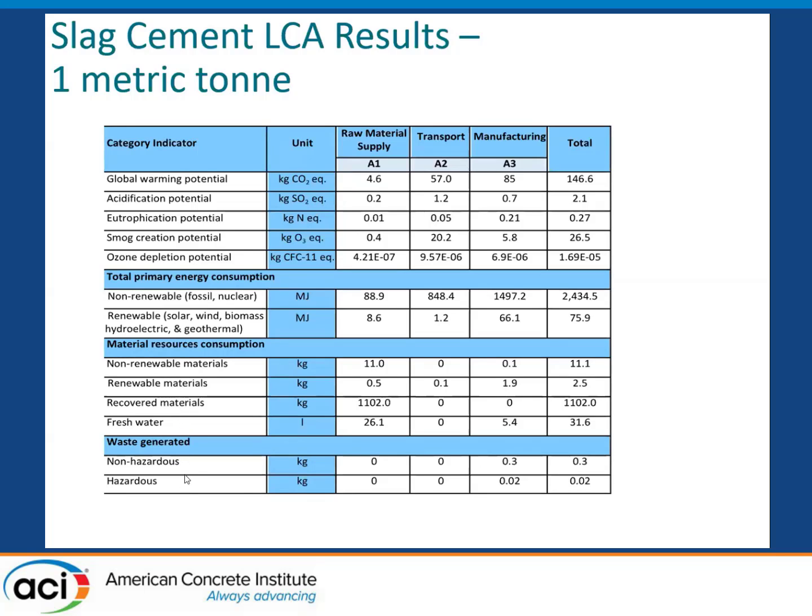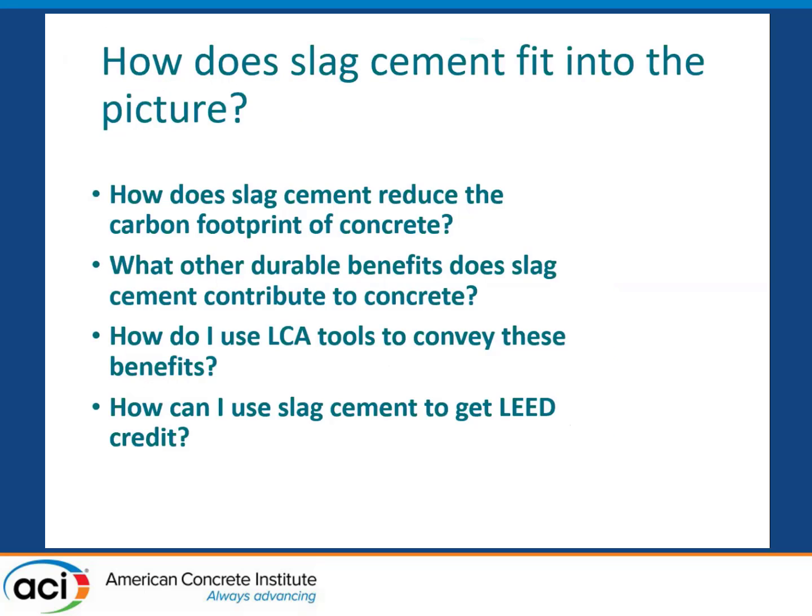And then we'll see waste generated, whether it's hazardous or non-hazardous. As with these product category rules, like I talked about before, those are typically done every 5 years, and you may see more or fewer indicators come in as the sustainability aspects in EPDs continue to evolve.